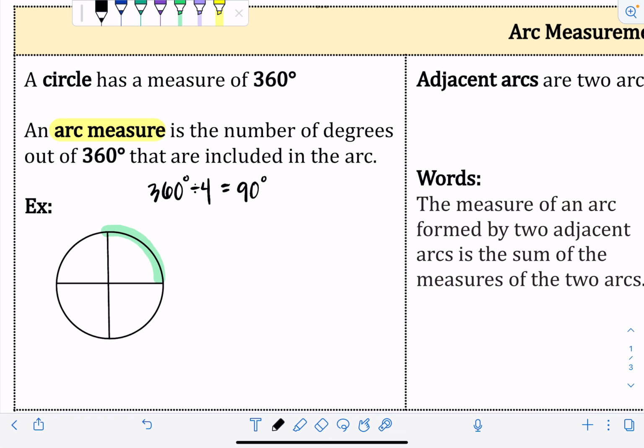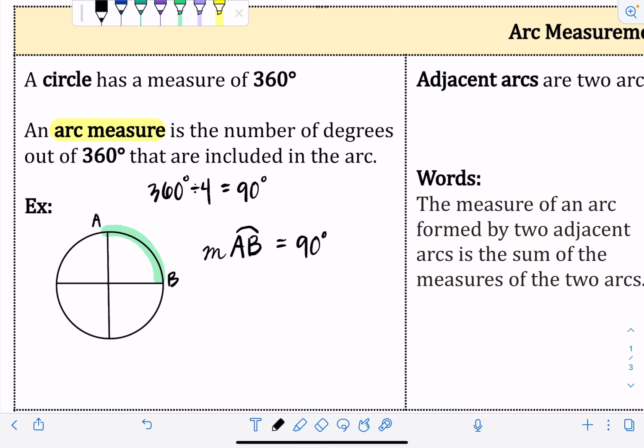The way that we would write that is we need to make sure that our arc has points so we can label it. We would say the measure of arc AB. Measure is a small m, a little more cursive than that, so I'll fix it. So the measure of arc AB is equal to 90 degrees.